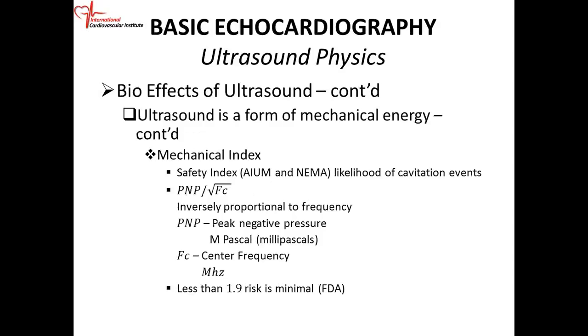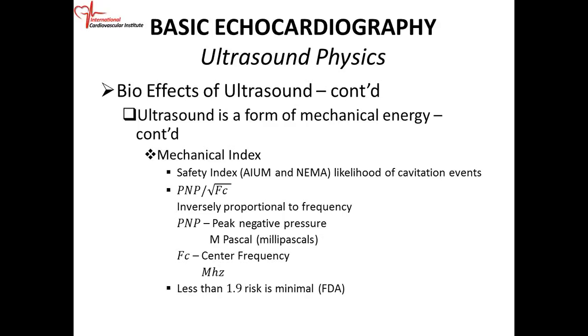So we need something to tell us how much mechanical energy we're producing. And we have the mechanical index, MI. So when you look at the side of your machine and you see MI, that's what it means.